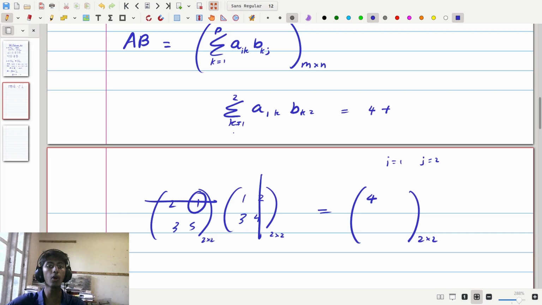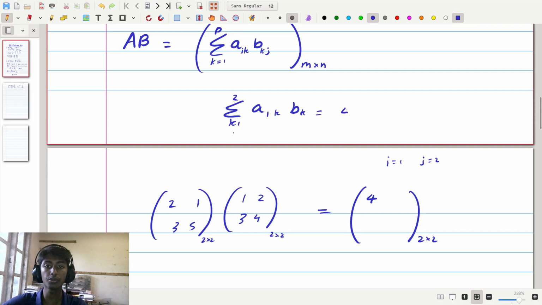And going along in this direction down the second matrix, for k equals 2 we have B sub 2 2, which is this element here, which is 4, and 1 times 4 is 4, and therefore the second element that we need to add together is going to be equal to 4. So therefore we can say this is going to be equal to 4 plus 4, which is 8.